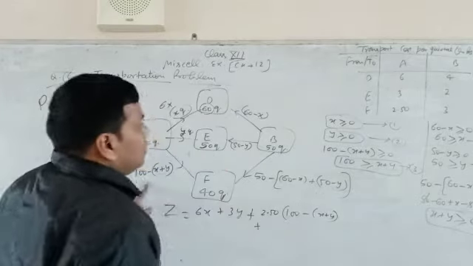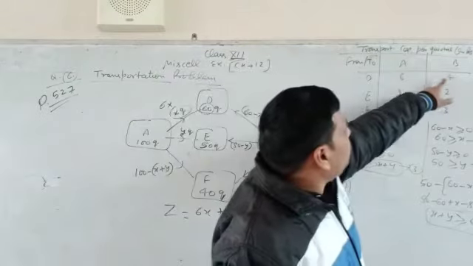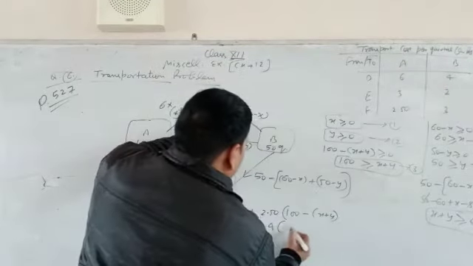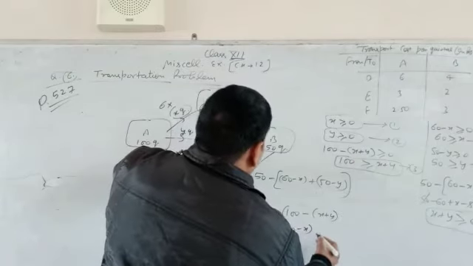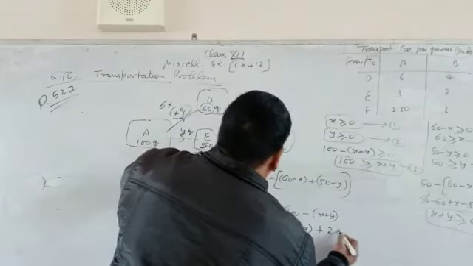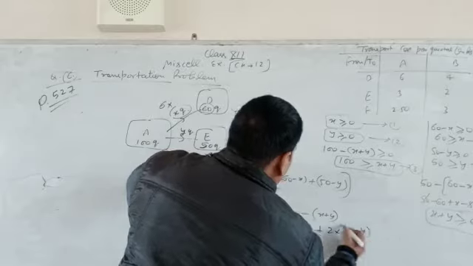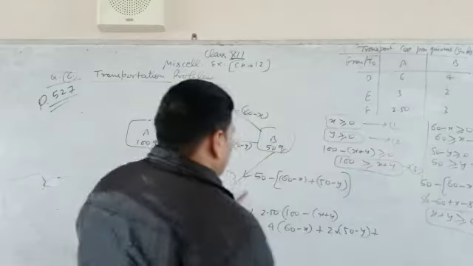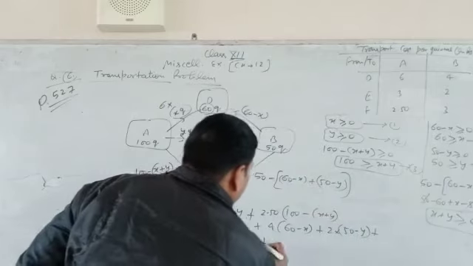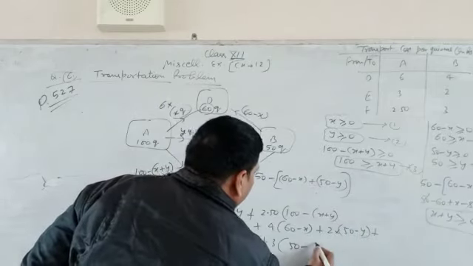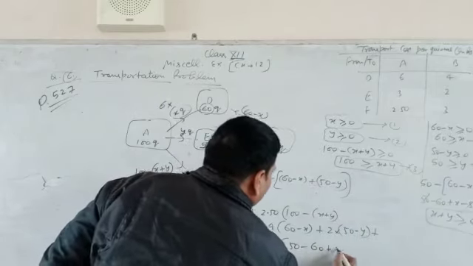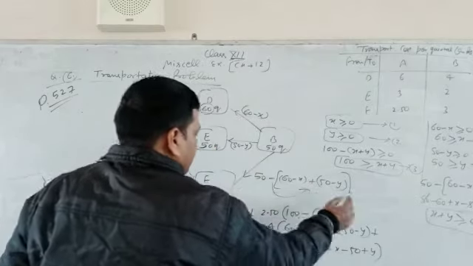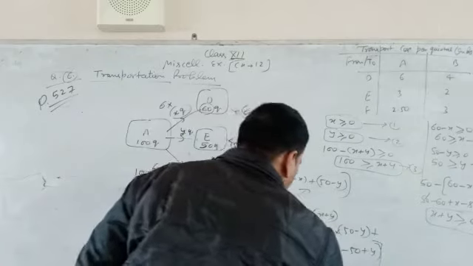Also plus 4 rupees, so 4 into (60 minus x), plus 2 into (50 minus y), plus the third one, 3 into (x plus y minus 60). I have multiplied by a minus sign here so that we have this one.